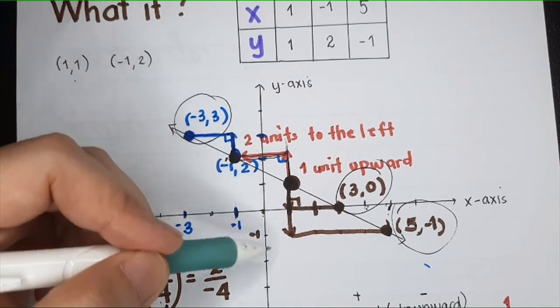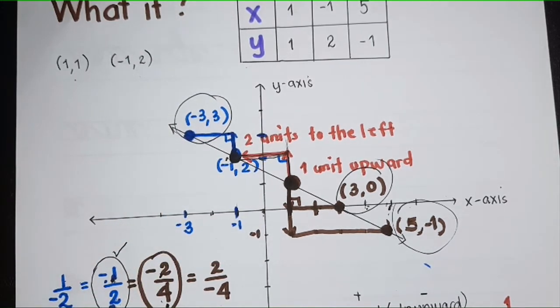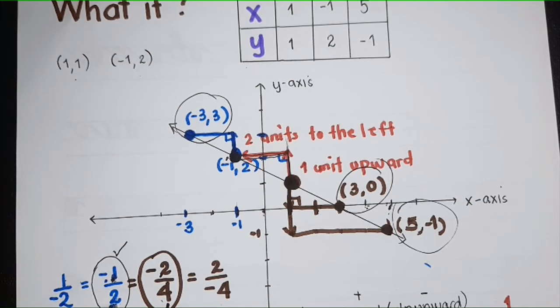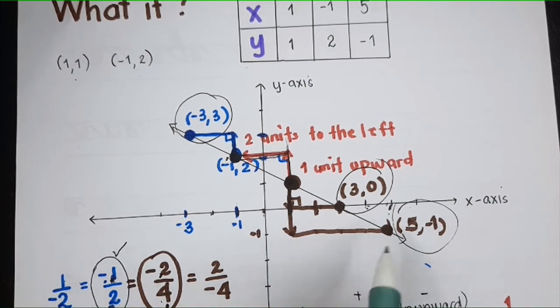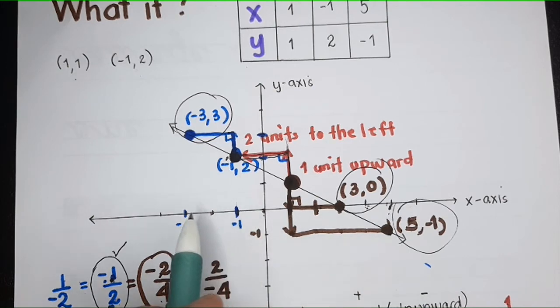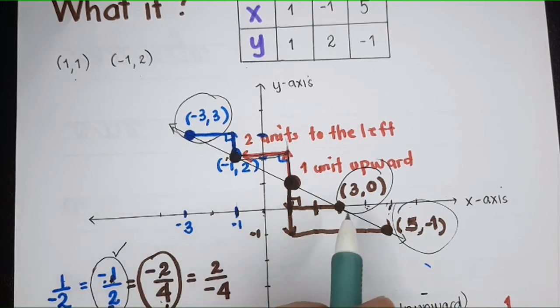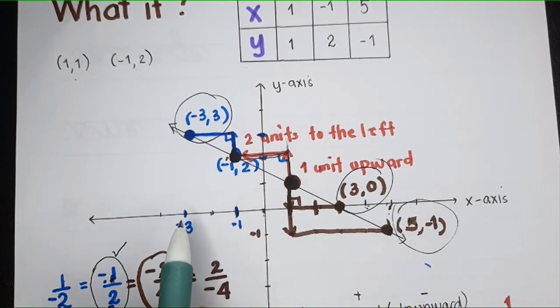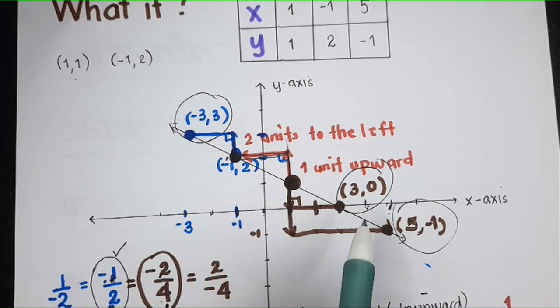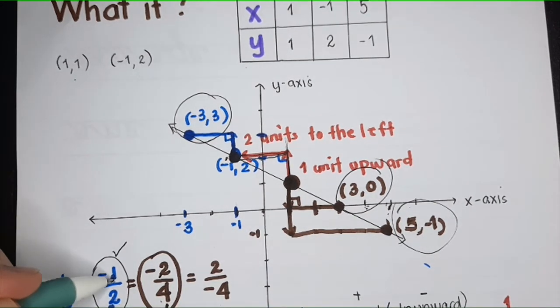The run refers to the right or left movement, so that one refers to the change in x values. This one is for y, this one is for x.